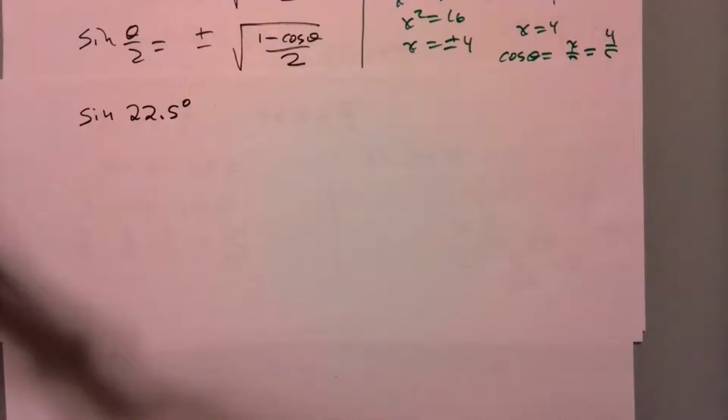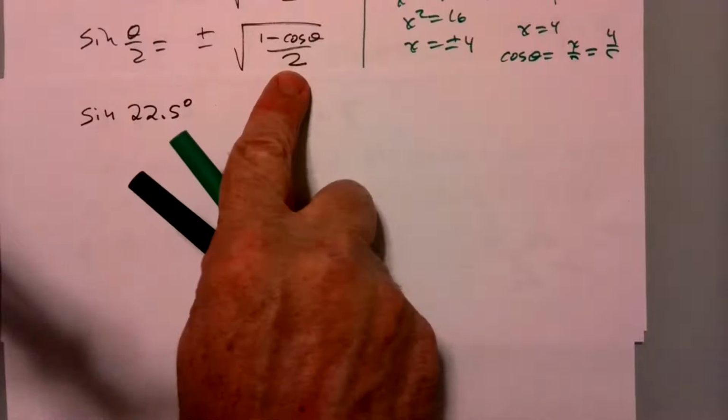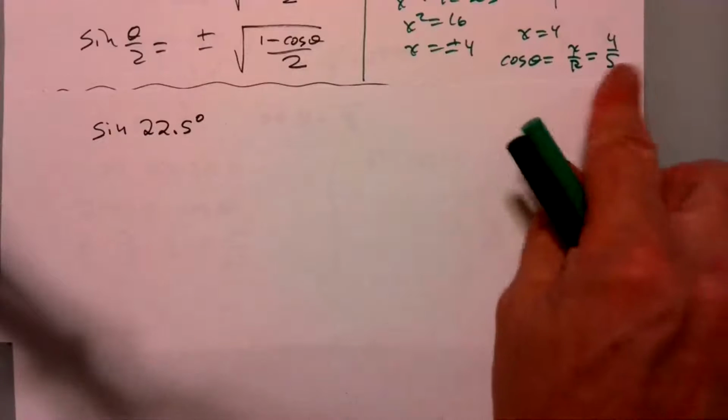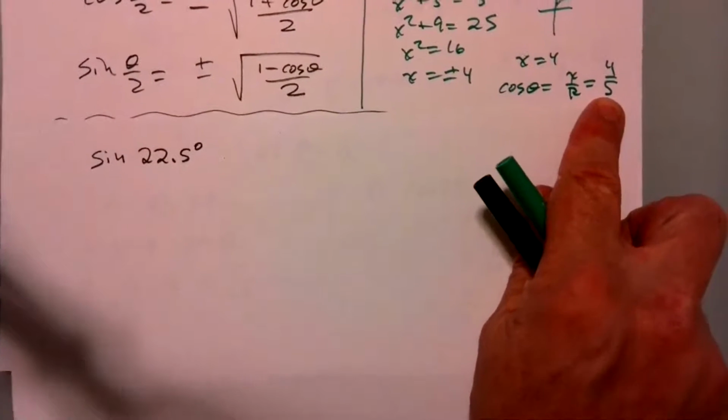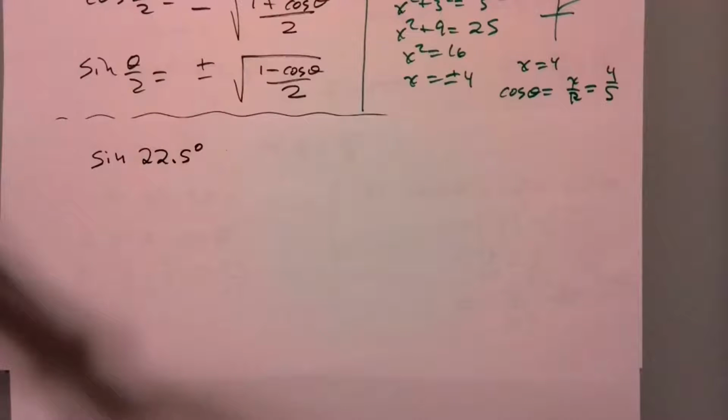I won't make you post because I think we're shy tonight. But take a minute, look at your formula. We've got the formula up here. We've got the value that we need over here. Do you have everything you need to be able to figure out what the sine of 22.5 degrees is? So again, I'll give you a minute to try that, and then we'll take a look at it together.